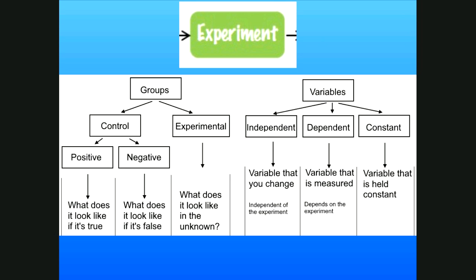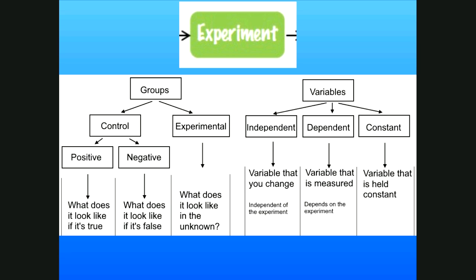So if you're going to test for protein, you always run a control where you have something that has protein in it and something that doesn't have protein in it, so you have something you can compare it to. Then your experimental sample is going to look either like the positive, which means it has protein in it, or like the negative.